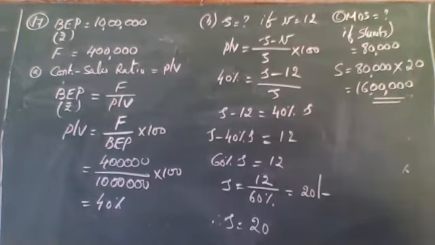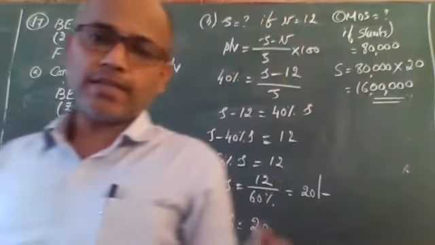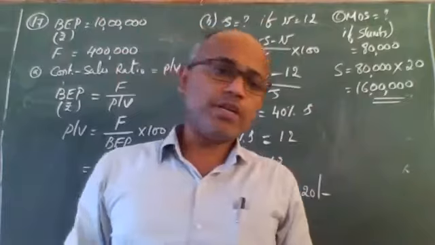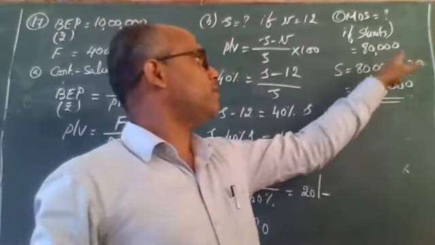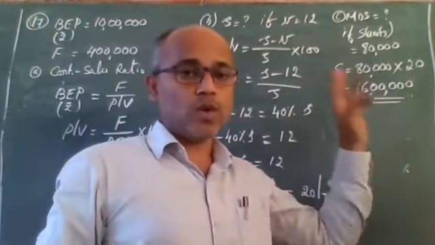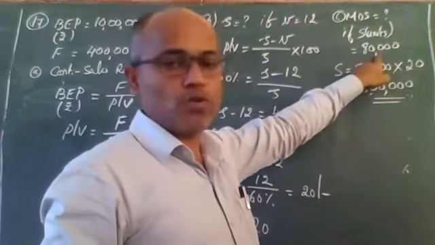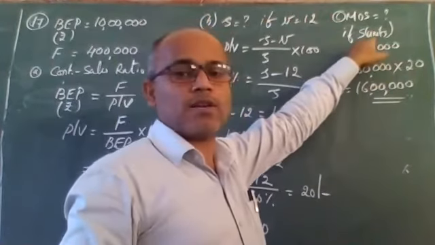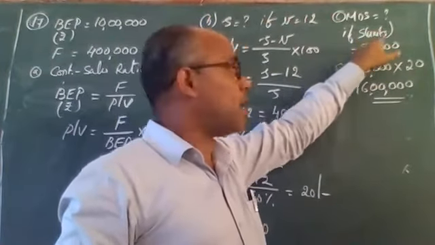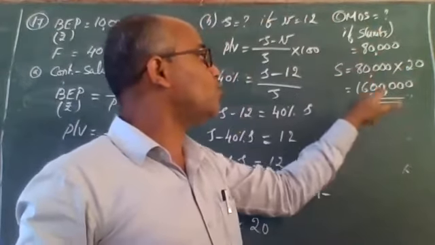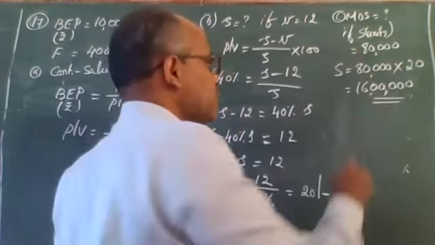So 16 lakhs is the sales. So 80,000 into 20 gives you sales value. Remember, what he gave in the question is not sales value. He gave you sales units and we are converting it into rupees. Now this is sales rupees.